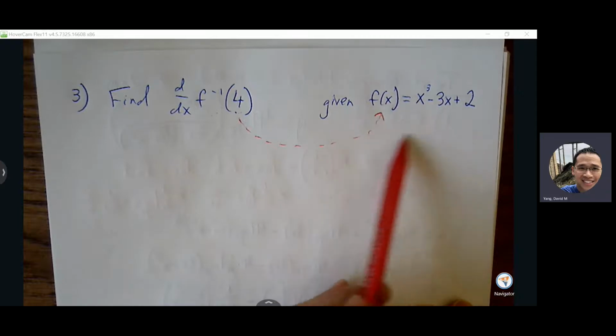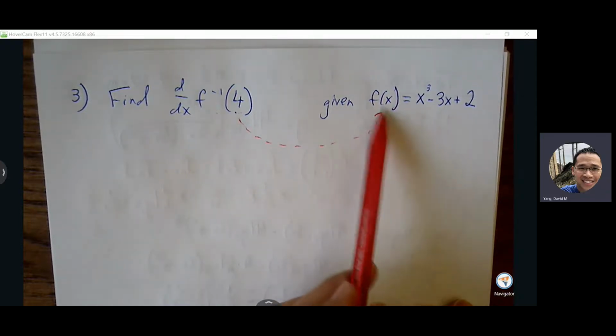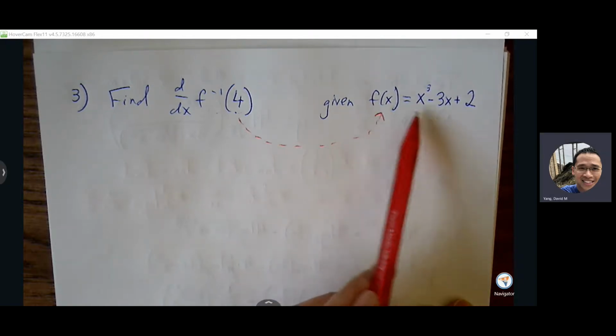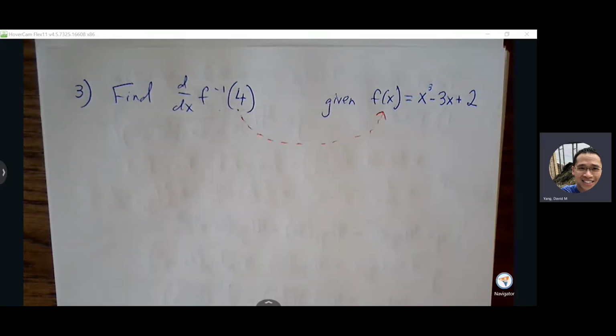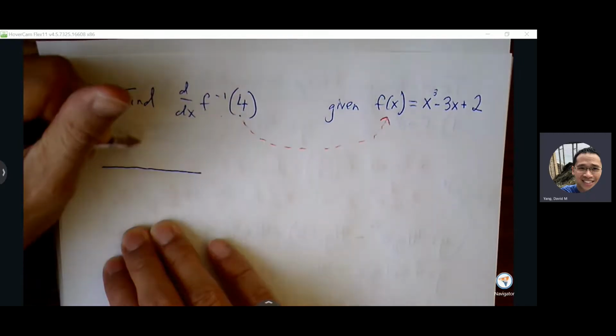So we have to spend the time to figure out what the x value is and build that ordered pair. And then once you get the x value, we can find the derivative, find the slope, and then we can turn back around and figure out the slope of the inverse. Okay. So I like to use this chart. You don't have to use this chart, but it helps keep my information organized.